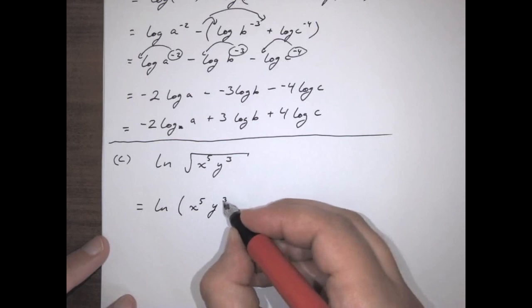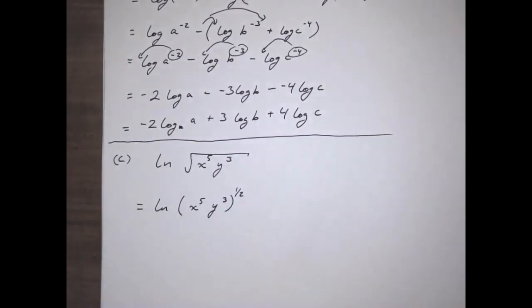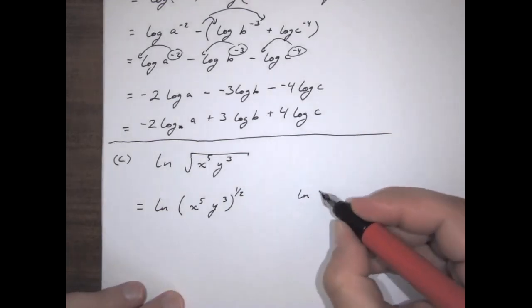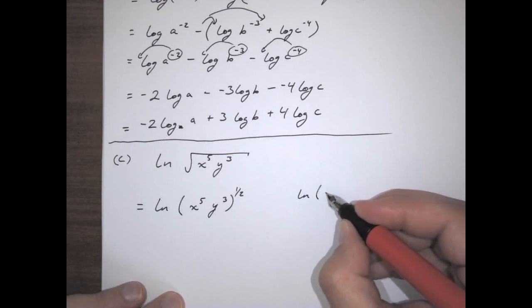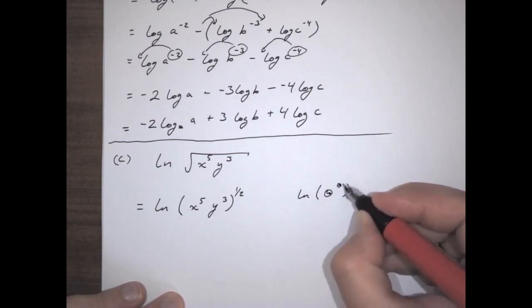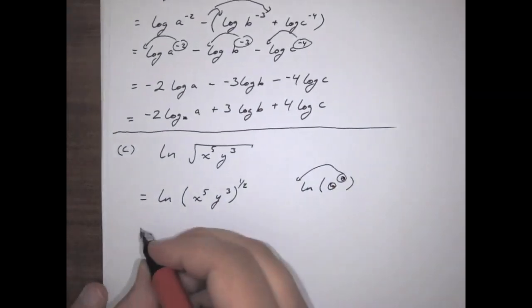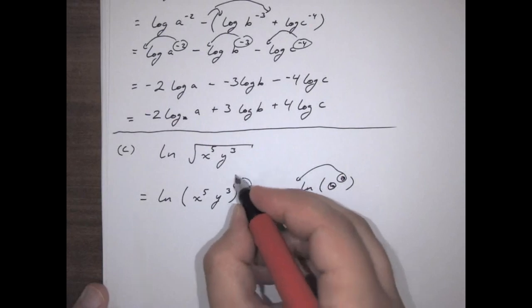Logarithms are the inverses of exponents, so everything should be put in terms of exponents before proceeding any further. So this is ln of something to the something. So what that means is the something comes out.